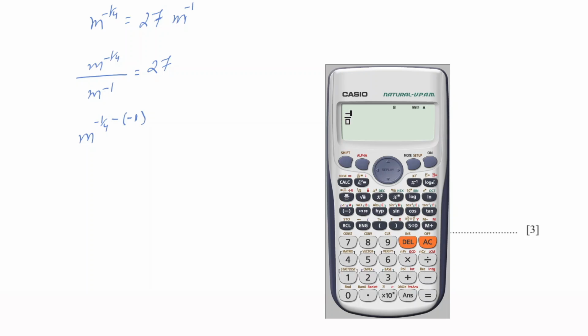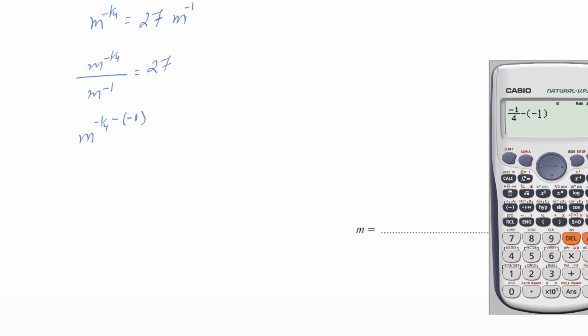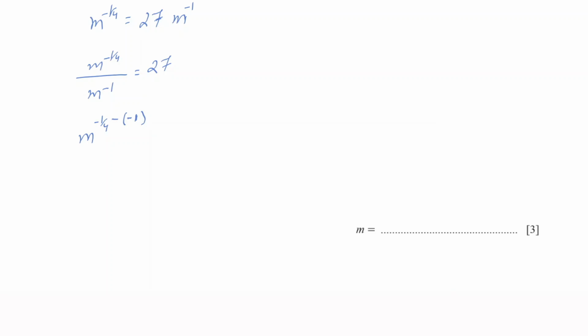Minus 1 by 4 minus of minus 1 gives me the answer 3 by 4. So we get m raised to power 3 by 4 equals 27.